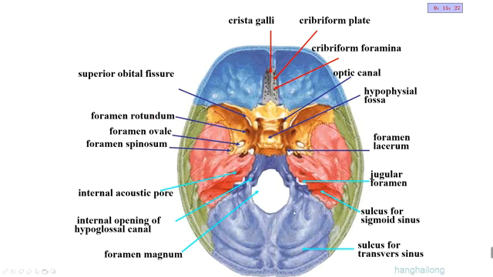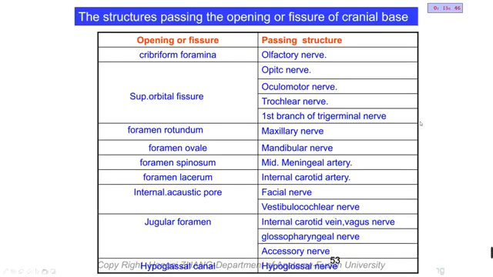This part is very, very important because many structures walk through it, some arteries, veins, or nerves. We'll study the blood vessels in future in the circulatory system, and we'll study the nerves in the nervous system. We'll repeat them again.